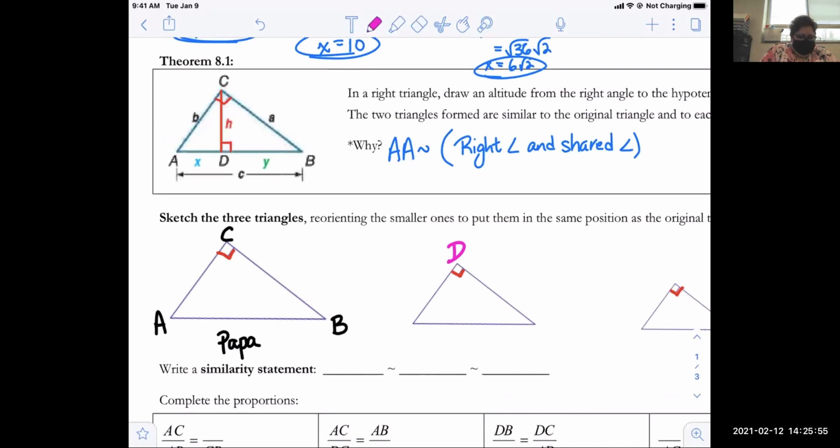Well, there's angle B, right? Here's angle B. Where should B go in this picture? Nick? It needs to be in the same spot, right? So it should go over here.